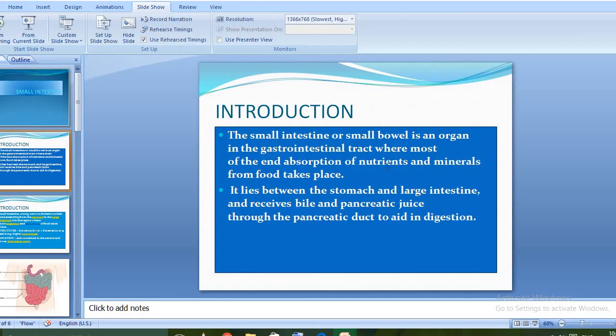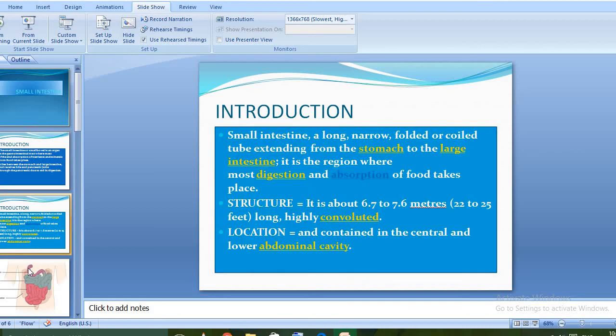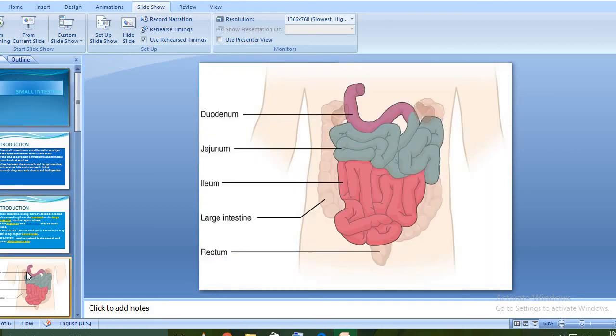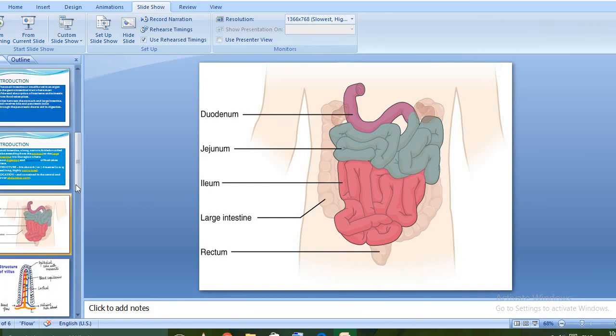So this is all for today. Your homework is to write down the location of the small intestine. Then write down the parts of the small intestine, why the duodenum is known as duodenum, why the jejunum is known as jejunum, and why the ileum is known as ileum.